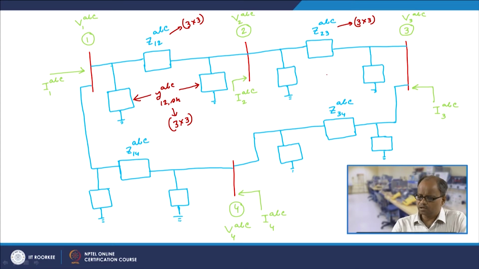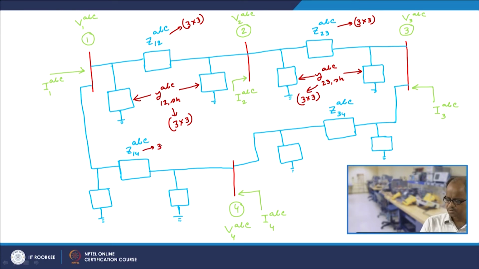This one is called Y23 shunt ABC, again a 3 cross 3 matrix. Similarly, this is also a 3 cross 3 matrix, and this is Y14 shunt ABC. This is also a 3 cross 3 matrix.